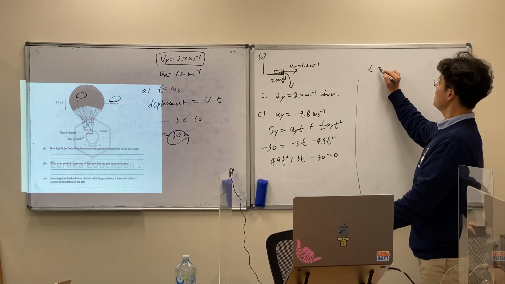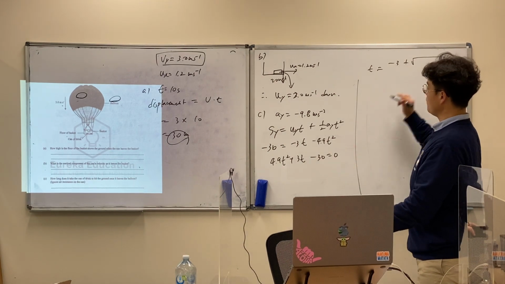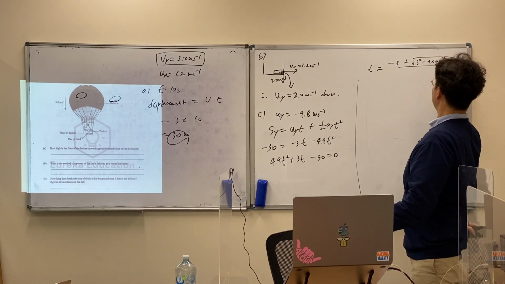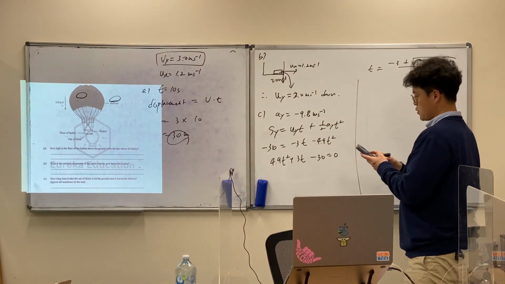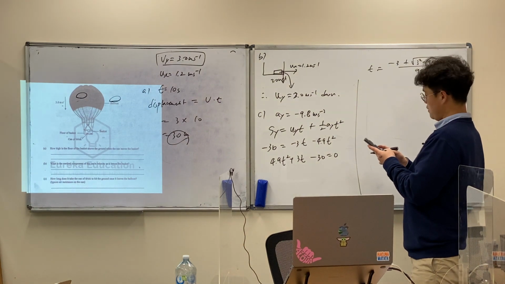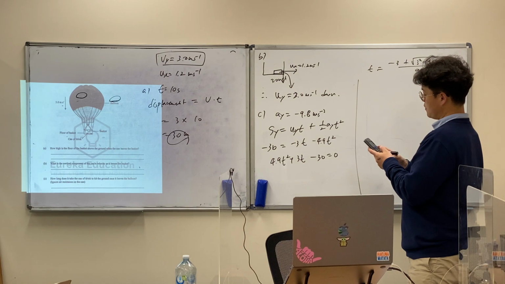Therefore, T equals minus B, minus 3, plus root of 3 squared minus 4 times 4.9 times minus 30, divided by 9.8. So 3 squared minus 4 times 4.9 times minus 30, square root of that, and minus 3, divided by 9.8.